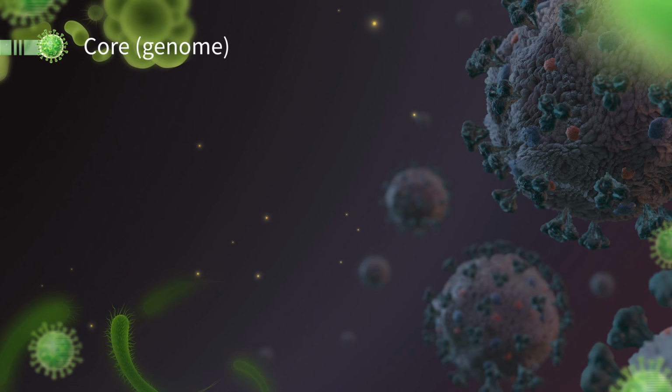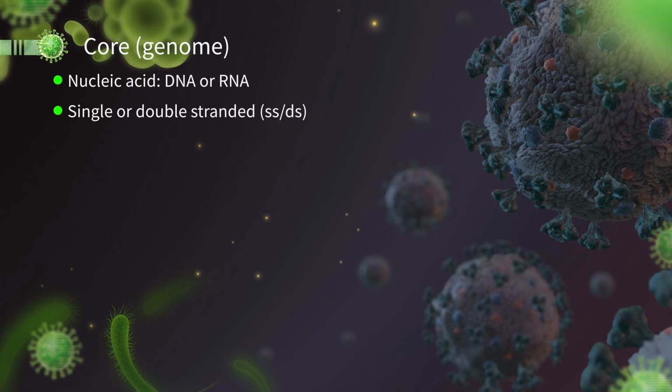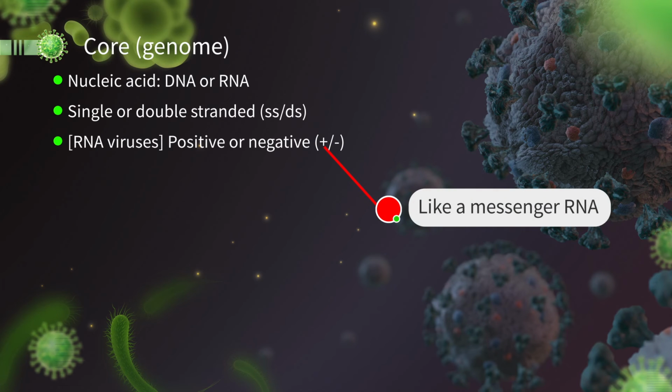The core is the genome of the virus. Nucleic acid, DNA or RNA, single-stranded or double-stranded, SS or DS. RNA viruses, positive or negative. The RNA can be either positive sense, like messenger RNA, mRNA, or negative sense.